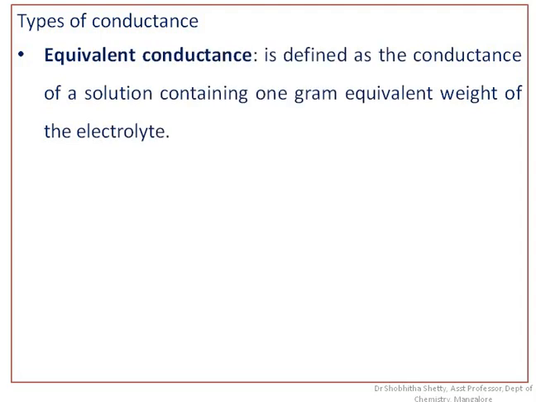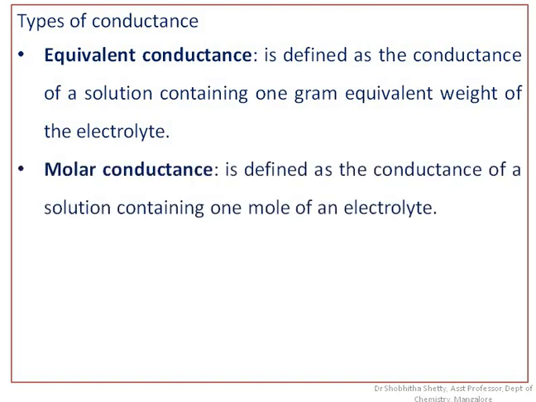about the types of conductance that we use, the terms used in the case of electrolytic solution, and how the ionic solution's conductance varies. Sometimes we express it in terms of equivalent conductance, molar conductance, or even specific conductance. So what is equivalent conductance? It is the conductance of a solution containing 1 gram equivalent of the electrolyte, whereas molar conductance is with respect to 1 mole of an electrolyte.